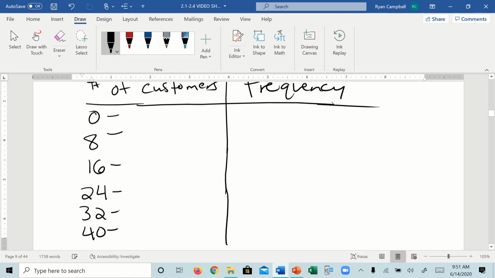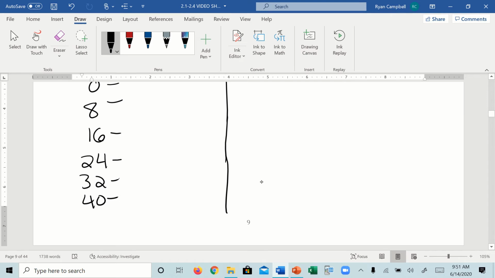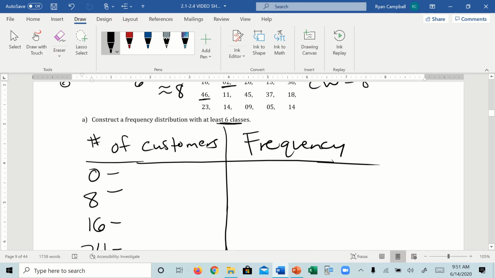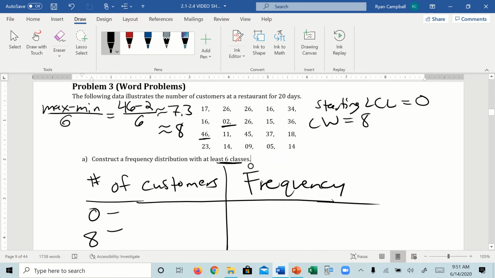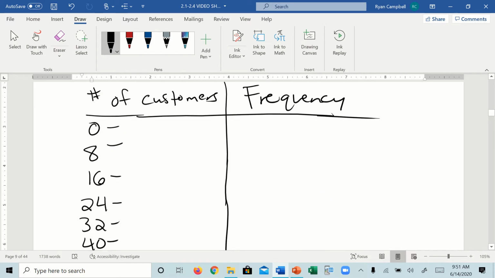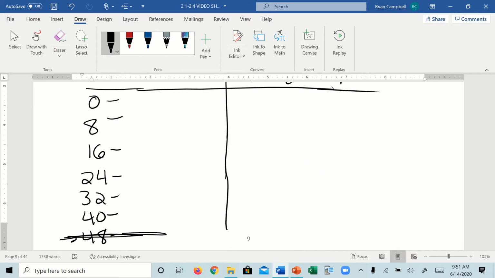All right, that's 6. Let's go up one more just to make sure. 48. All right, would anything be 48 or higher? No, remember we said that 46 was the highest. Okay, so there's not going to be any in here, which means that we do have 1, 2, 3, 4, 5, 6 classes.